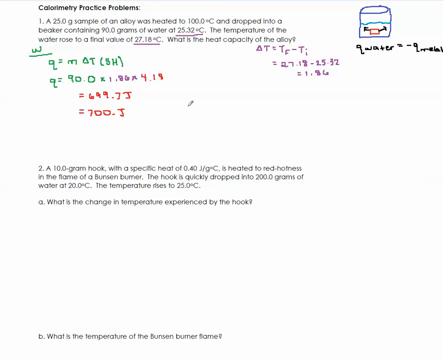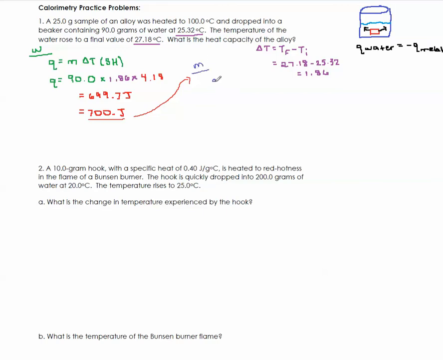All right. Now, one sec, I'm going to make my font smaller. This is the heat that the water absorbs. That will be the heat that the metal released, except it's just going to be the negative of that. So now I'm going to deal with everything with regards to the metal.